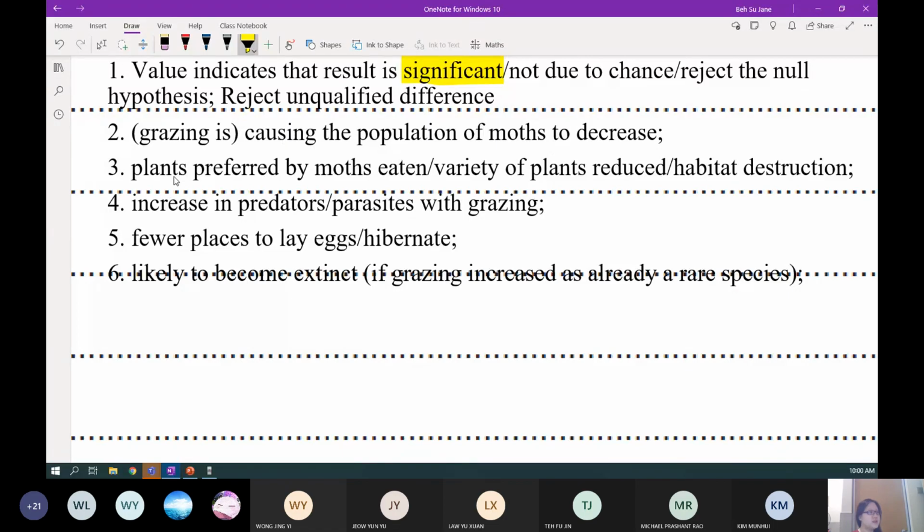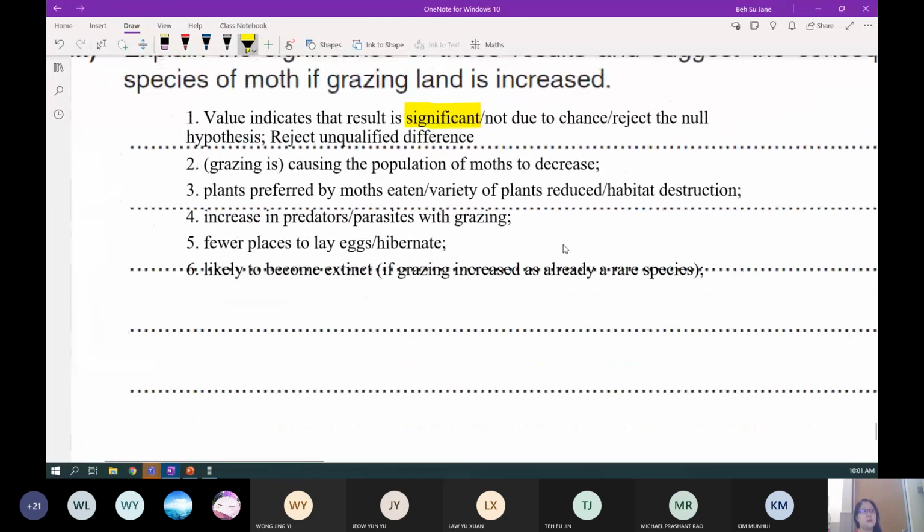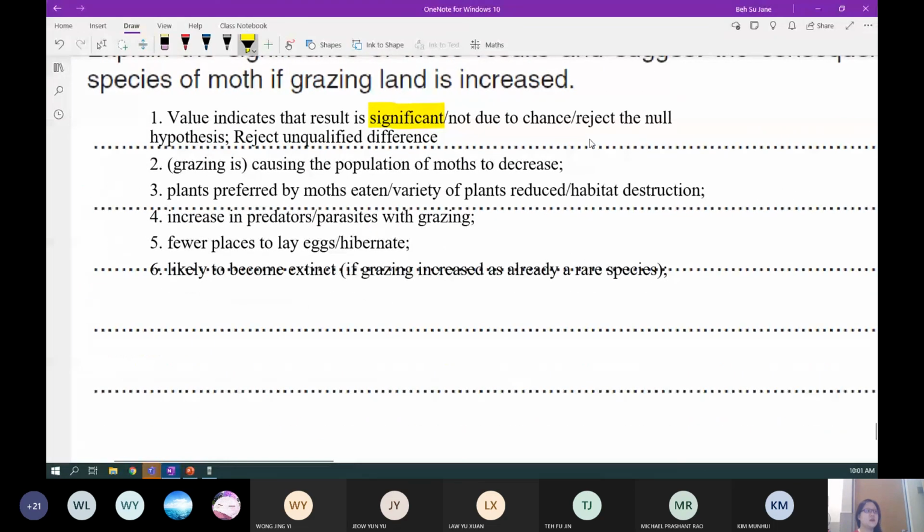Maybe the plants are eaten by the goats already, so there is habitat destruction for the moths. And maybe an increase in predators because of the grazing. Maybe less grass means fewer places to lay eggs or hibernate. And maybe if grazing increases, the moth is even more likely to become extinct. So this is answering the question.